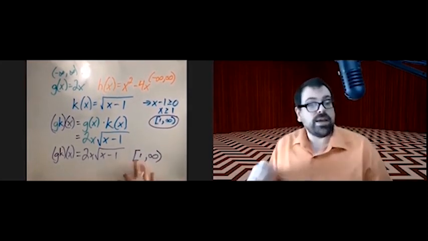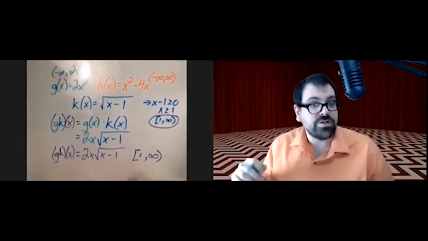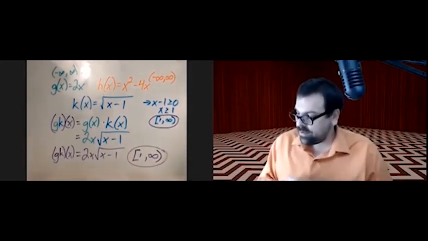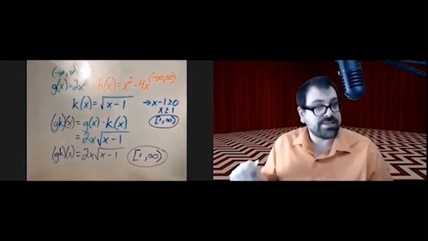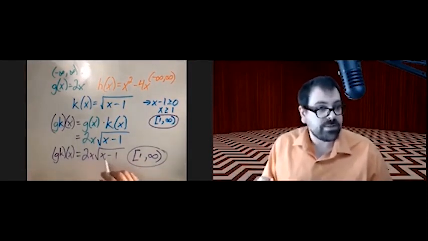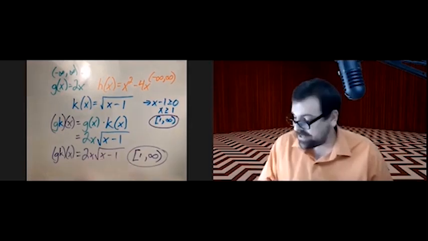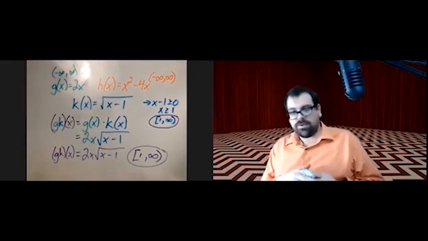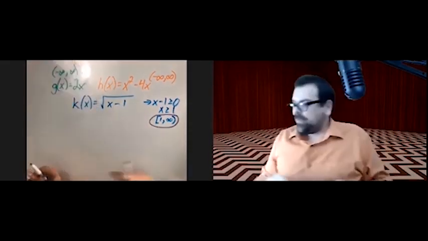And that's saying that we only get an answer. The function is only defined for these values of x, for x in that interval. Anything else would be undefined. Okay.